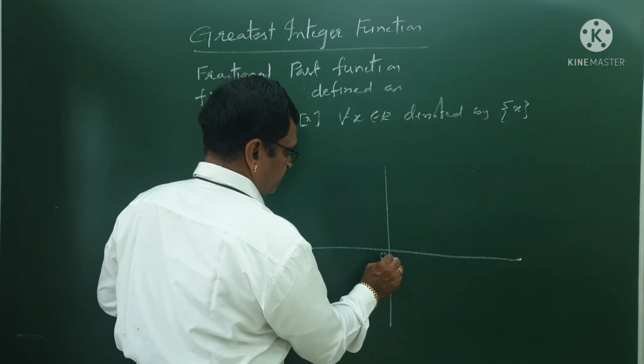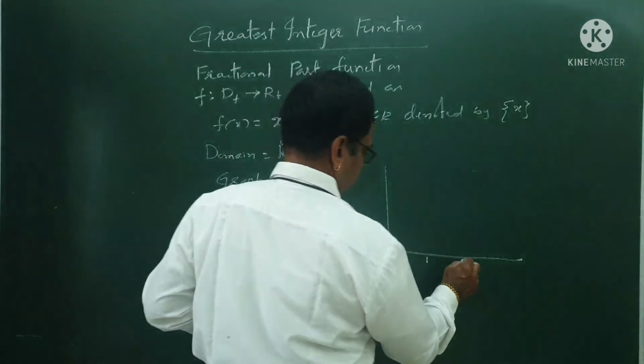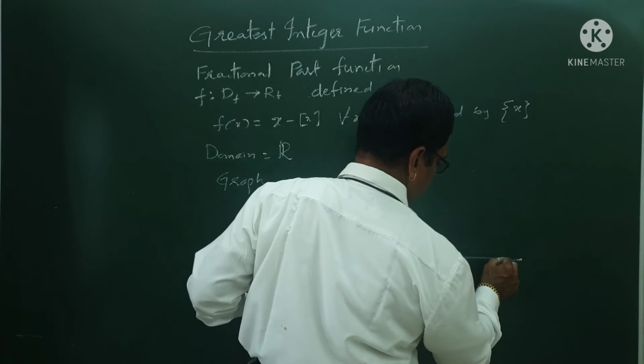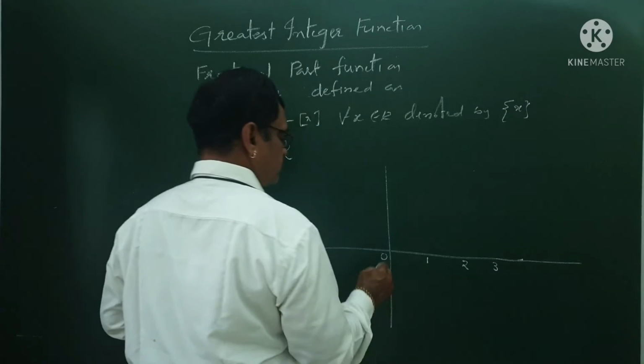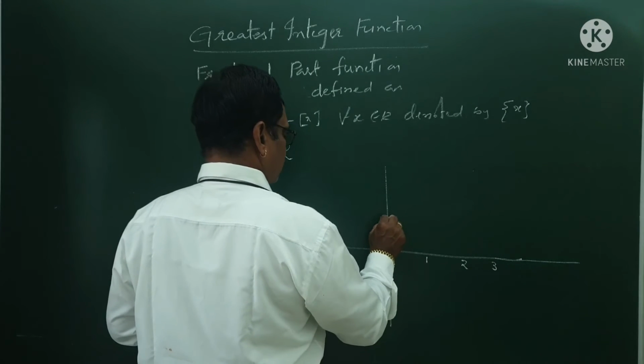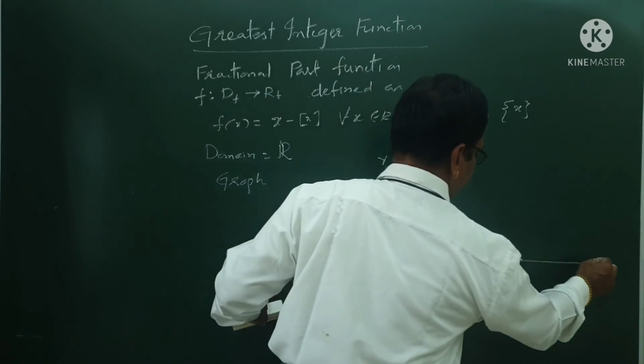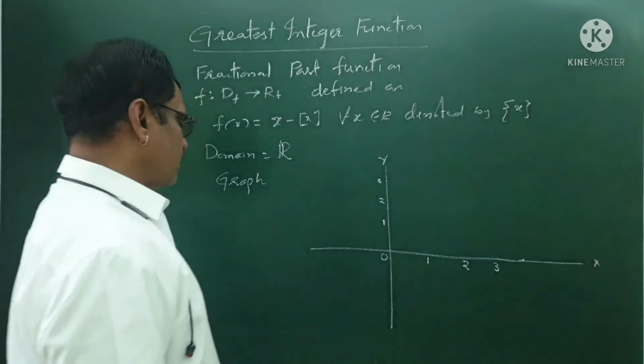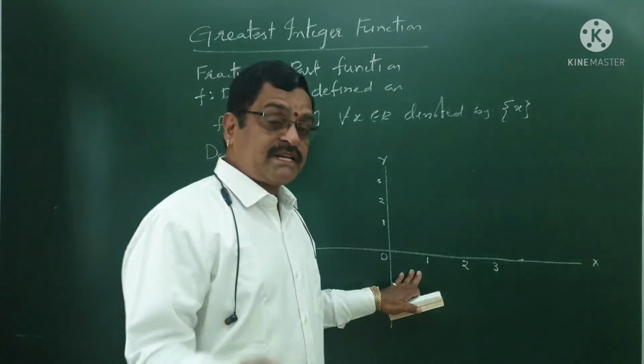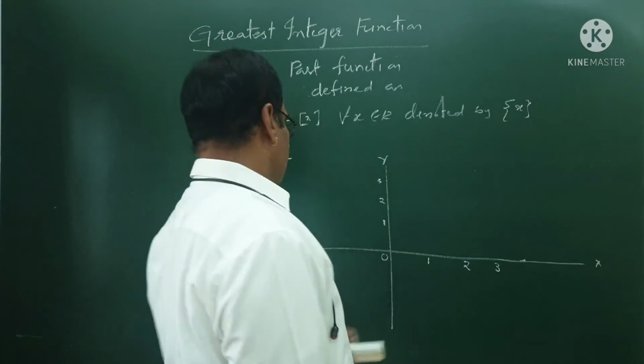As usual, we'll take 0, 1, 2, 3, and so on, and minus 1, minus 2, and so on. This is y-axis, this is x-axis. First of all, I check what is the graph between 0 to 1.